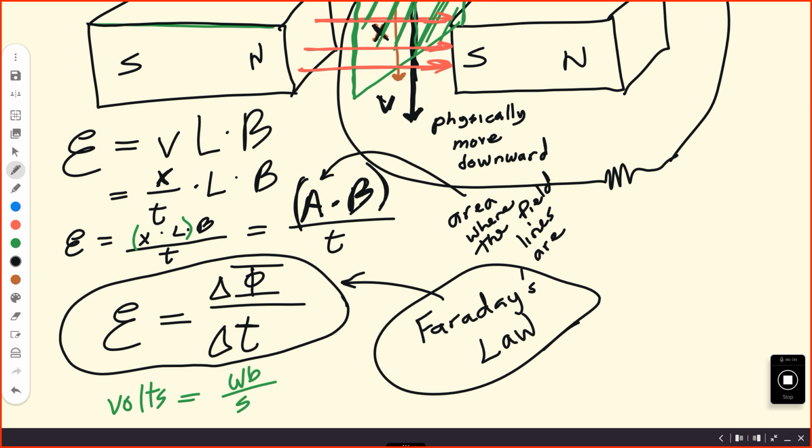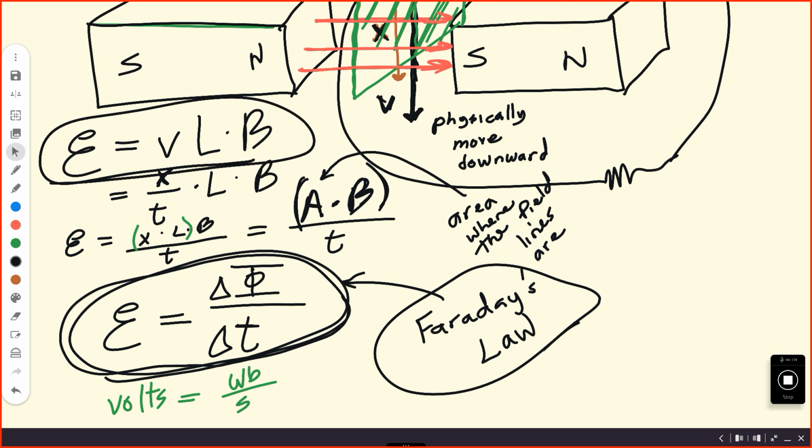The rate at which you bust the flux is directly equal to the EMF produced. No proportionality constants or anything. So here's one way of calculating the induced EMF, and here is the other way.